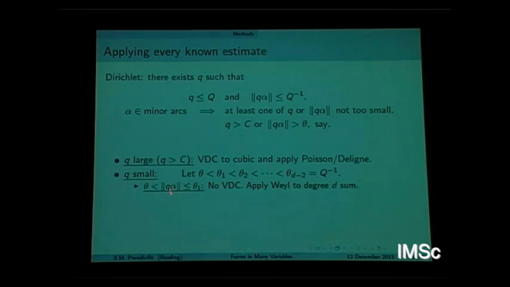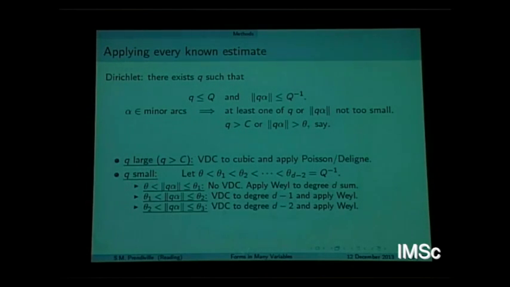So when q alpha is in our first interval, the smallest interval, we don't Van der Corput difference, we just apply Weyl's inequality as Birch did to a degree d exponential sum. And then in the next interval along, we Van der Corput difference once, and then we get a degree d minus 1 exponential sum, and that again we estimate using Weyl's inequality, and we just keep going.